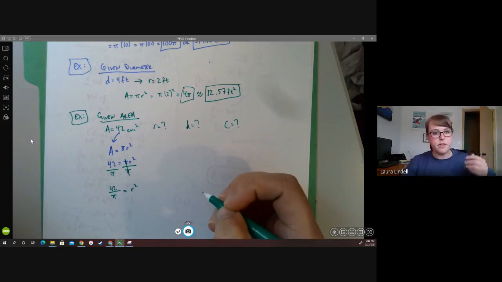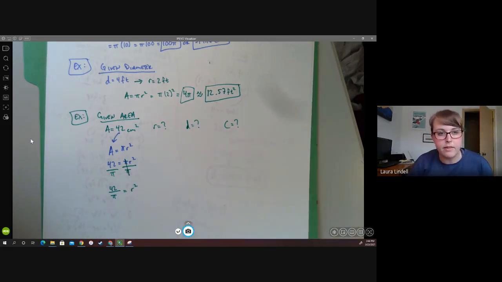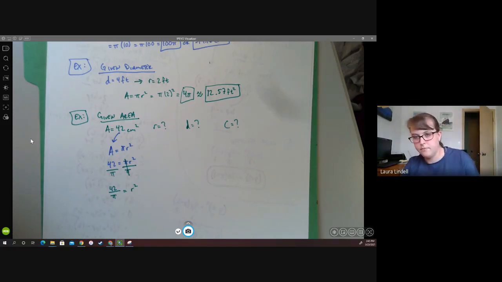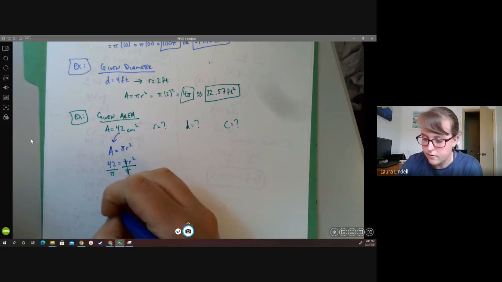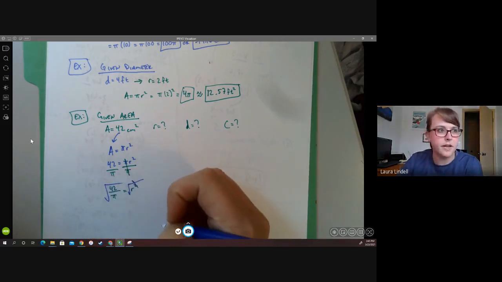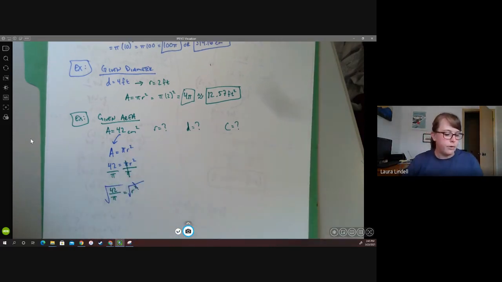Remembering back from the last unit, we were talking about squaring things, the Pythagorean theorem and all of that. How do I undo a square? Who remembers? Yeah, exactly. Square root. So if I take the root of both sides, then we should be good to go.